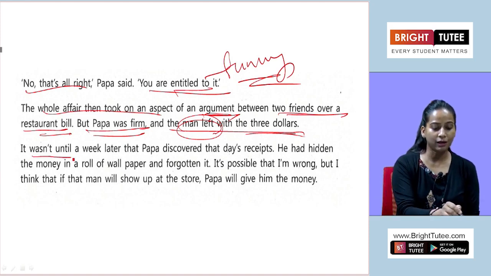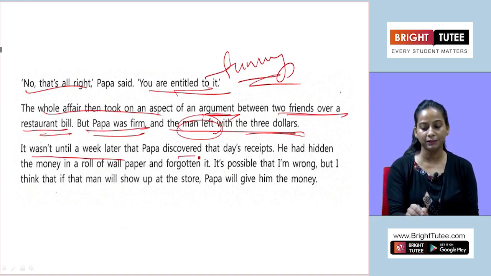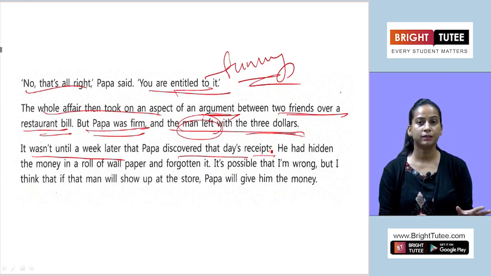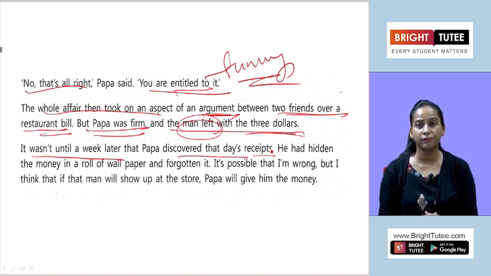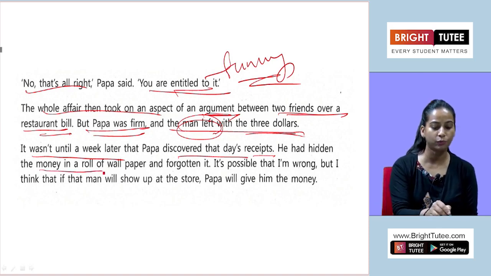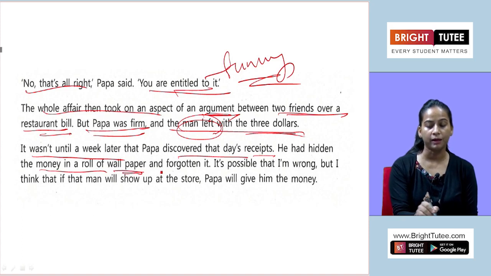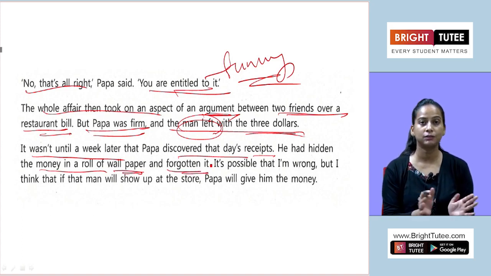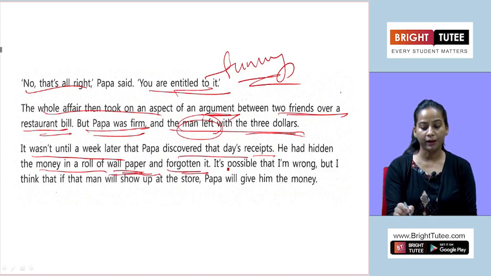It wasn't until a week later that Papa discovered that day's receipt. Within a week the father discovered the receipt of that particular day. He had hidden the money in a roll of wallpaper and forgotten it, and he recalled that he had saved the money from that safe. He kept it in a wallpaper roll and he forgot.